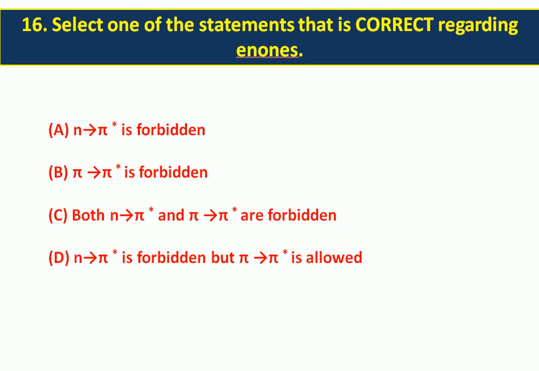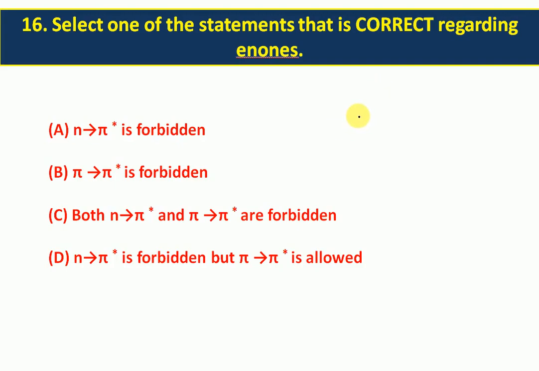Let us go for question number 16. Select one of the statements that is correct regarding enone. Let us read the options. n to pi star is forbidden, pi to pi star is forbidden, both n to pi star and pi to pi star are forbidden, n to pi star is forbidden but pi to pi star is allowed.